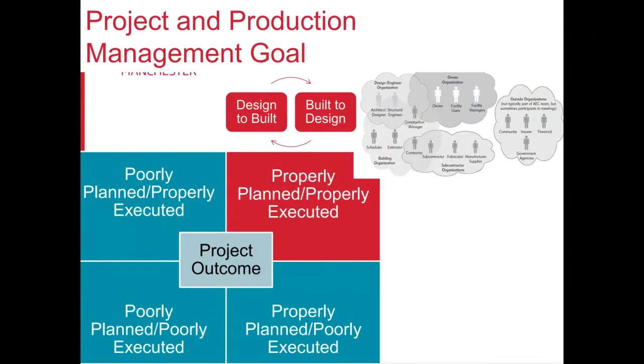Now, when we talk about effective project and production management, our goal is usually to hit the top right quadrant here. So to have projects which are firstly properly planned and then properly executed. Putting it in this way, projects which are designed to build and then they are built according to the design.